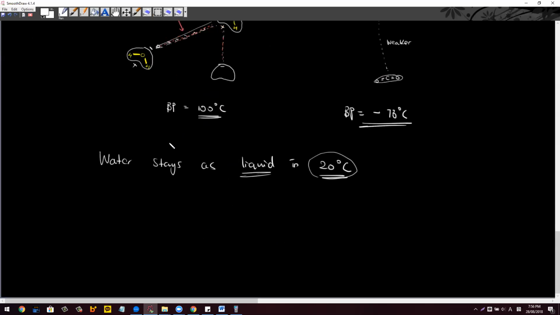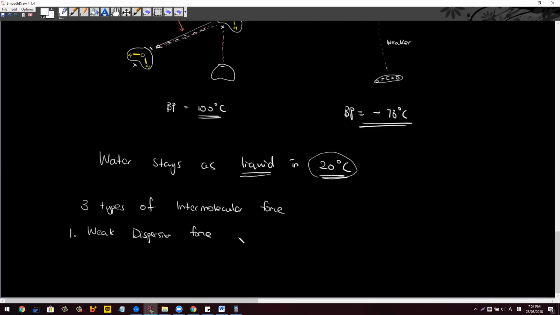Yeah. Now I'm going to summarize this. There are 3 types of intermolecular force. The first one is weak dispersion force.